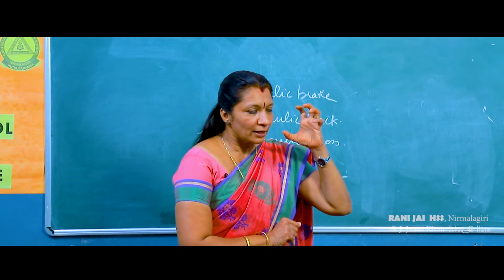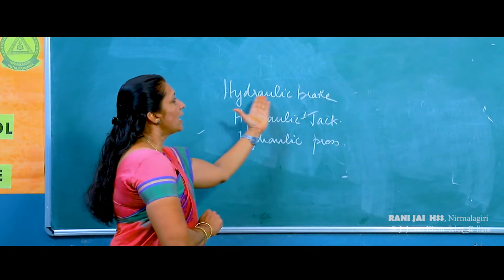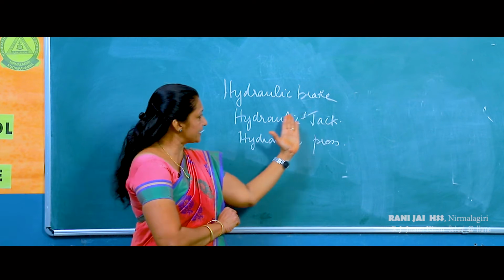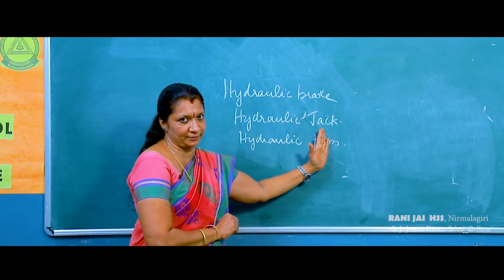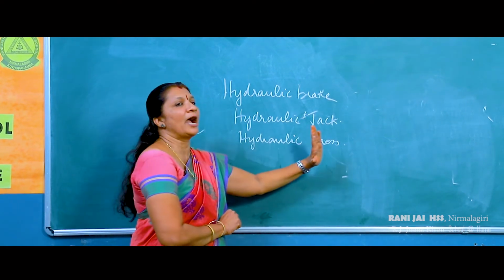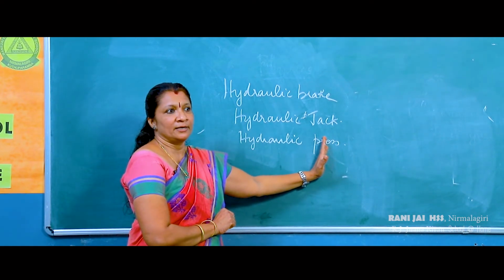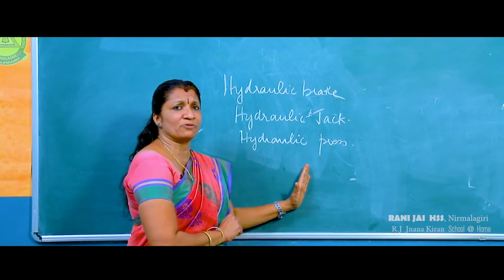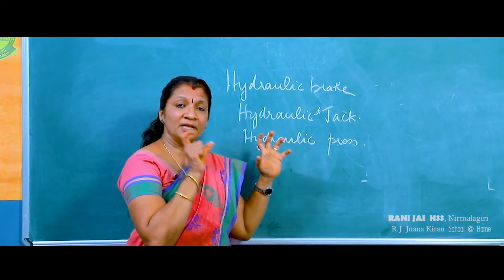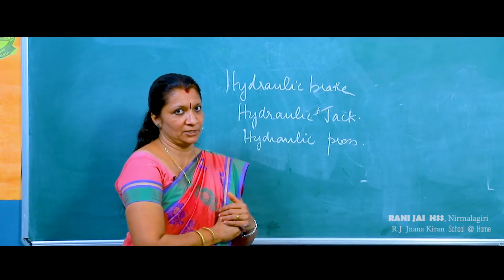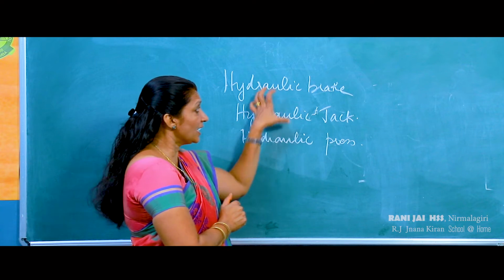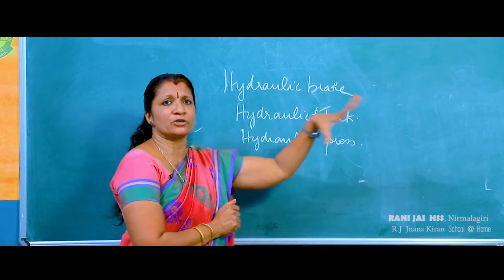Understood? So the first one is hydraulic brake, second is hydraulic jack, and third is hydraulic press. These terms, hydraulic, are something related to liquid. Everything is working based on that liquid.